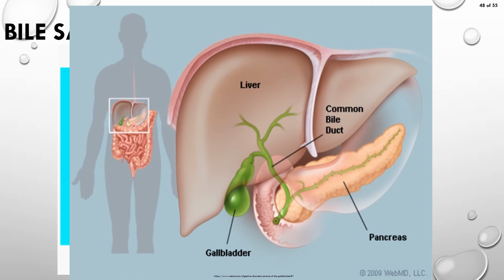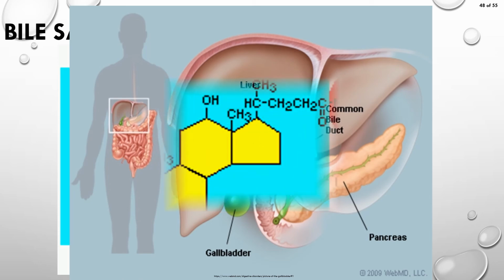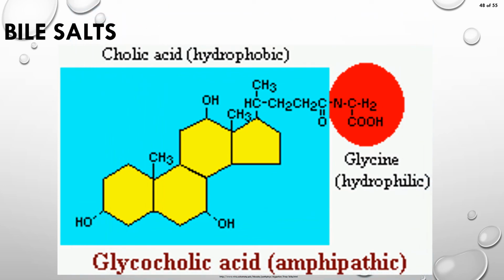This is where most of the digestion happens, where fats are processed and digested. So bile salts act as biologic detergents or surfactants that enable the body to excrete fats like cholesterol and potentially toxic compounds such as bilirubin and drug metabolites. The function of bile is to solubilize ingested fats and also to help absorb fat-soluble vitamins like vitamins A, D, E, and K.